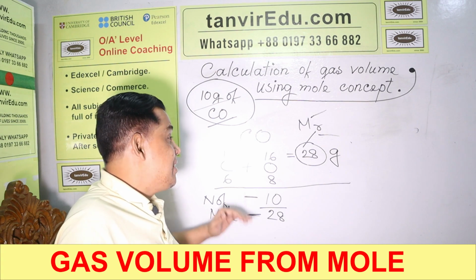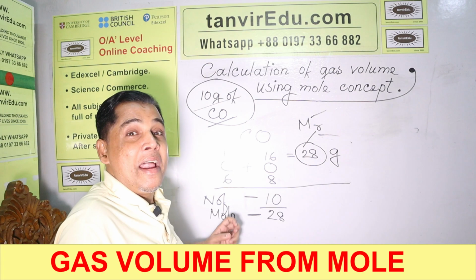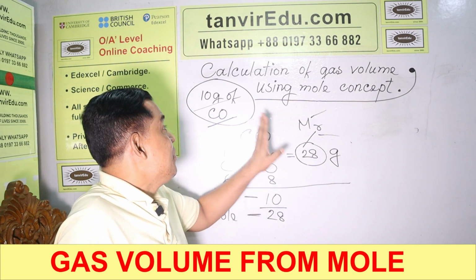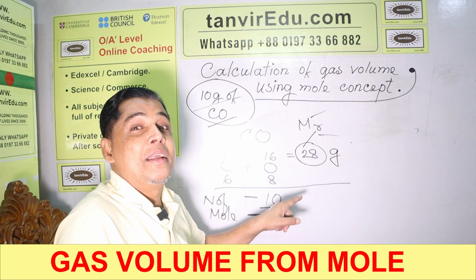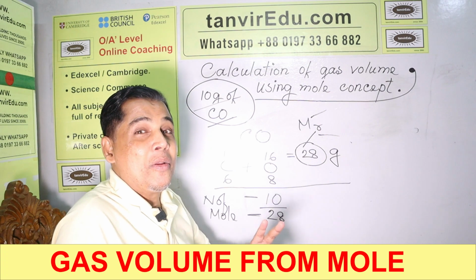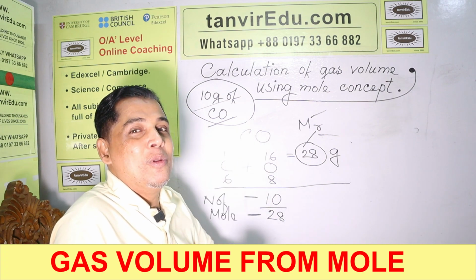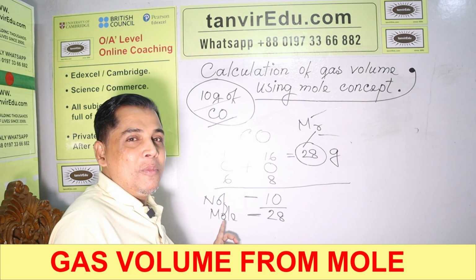And again in the second stage you have to memorize that number of moles is equal to given mass divided by MR, molecular mass, or mass of 1 mole. Yes, mass of 1 mole. Fine. So what is the formula?